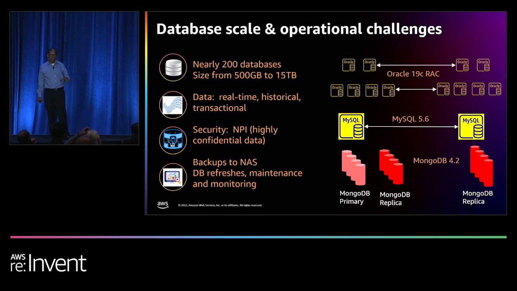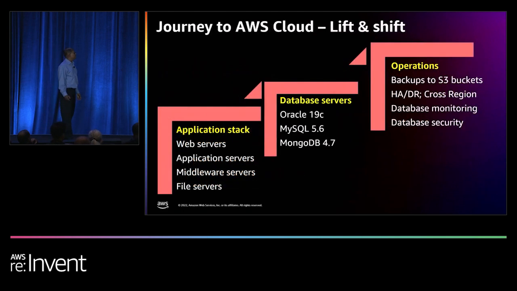On top of it, when there is a need to build a new database server, you need servers, storage, network, so much from an infrastructure standpoint, right? So that's when we began our cloud journey and decided to utilize AWS with the lift and shift approach.